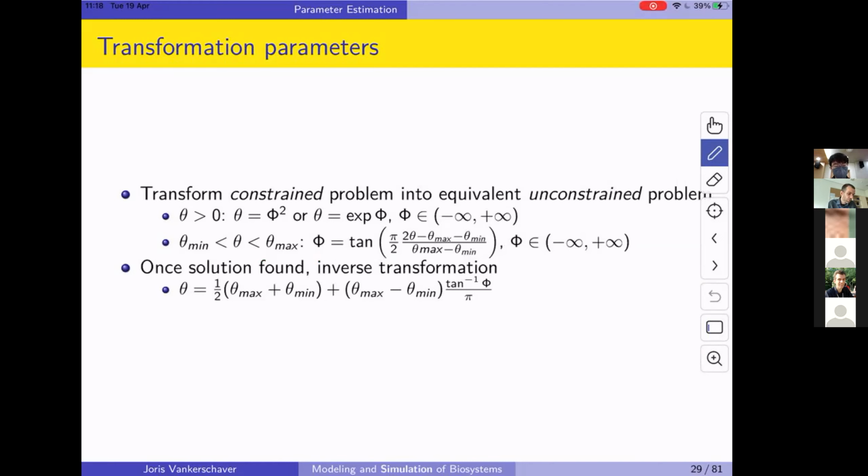And so what you can do is a number of things, depending again on what your constraints look like. For the first example here, we have a parameter like a kinetic rate, which has to be positive. In that case, we can say, well, if this parameter is positive, we can write it as the square of something.